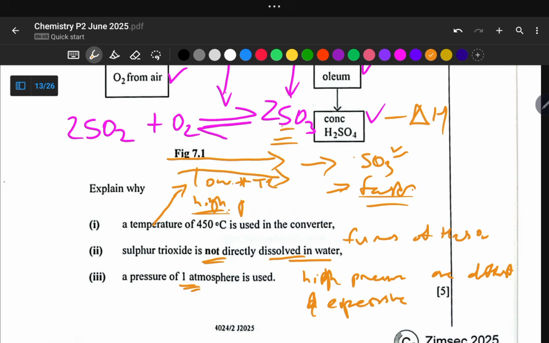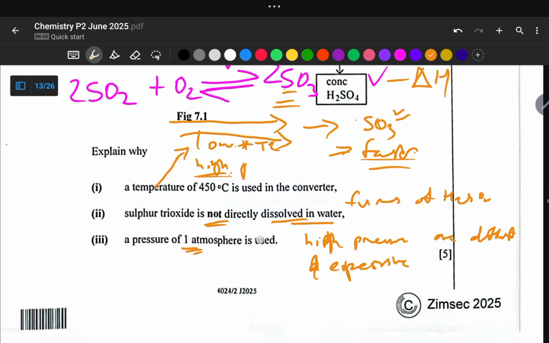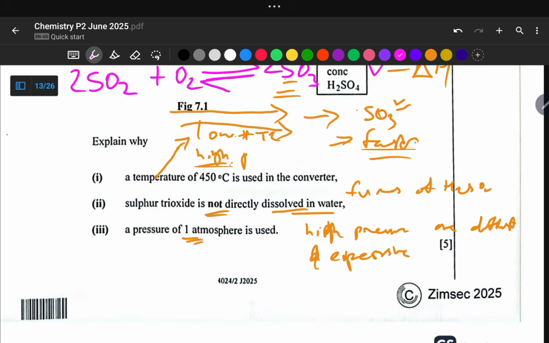So you should understand Le Chatelier's principle. You should know it by heart. Let me highlight it.